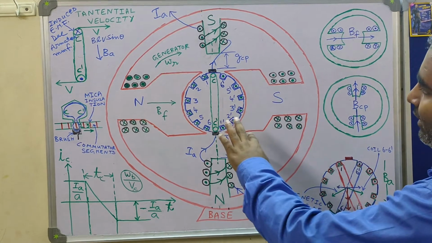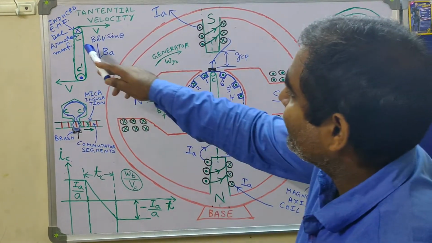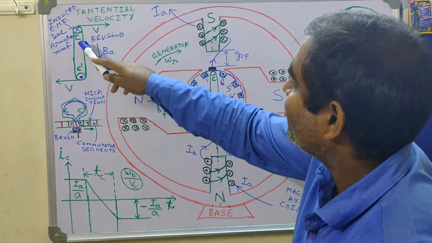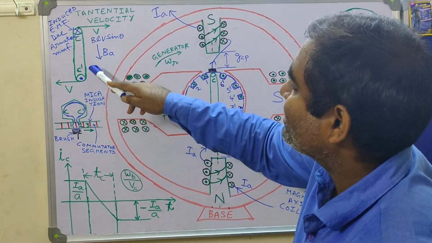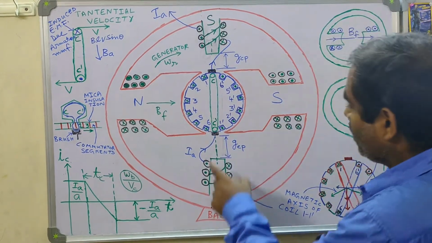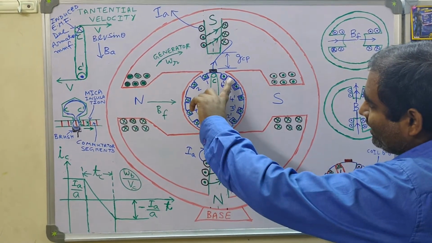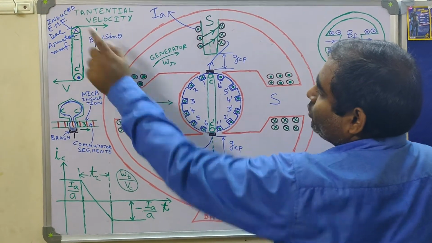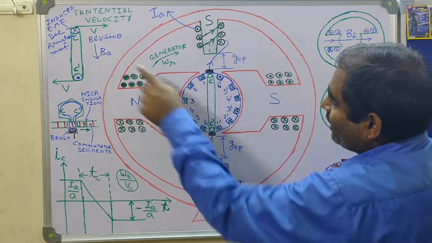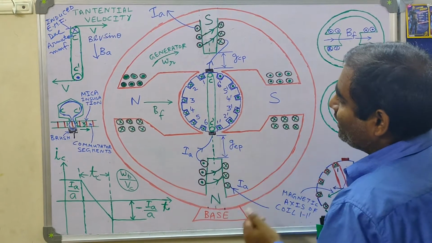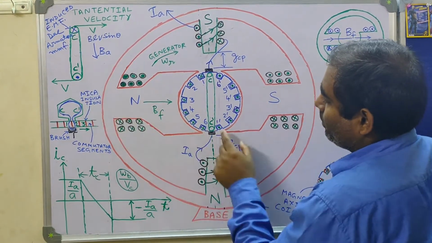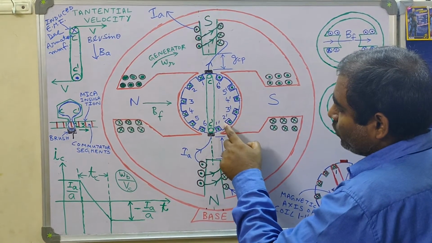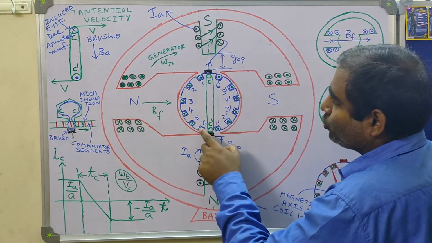It is not helping the coil side C to become dot or the coil side C dash to become cross, because when this coil side moves to this side, this will become from cross to dot. So here dot should have been induced, then only it will help in the reversal of the coil current. But when this coil side 1 dash moves to this side, it will become from dot to cross.